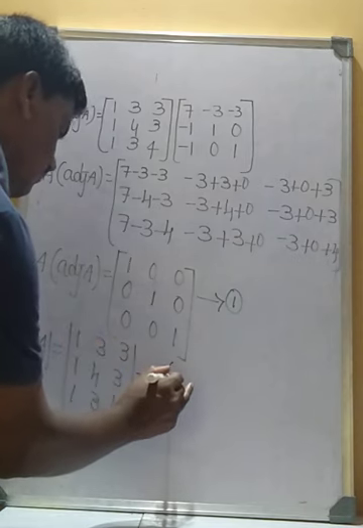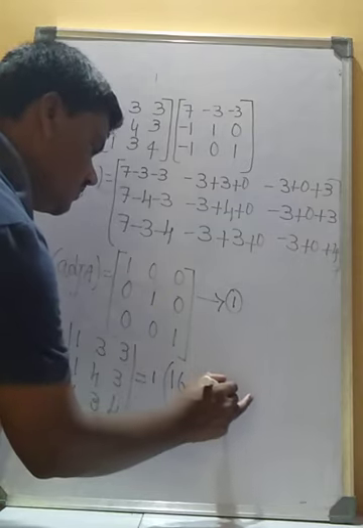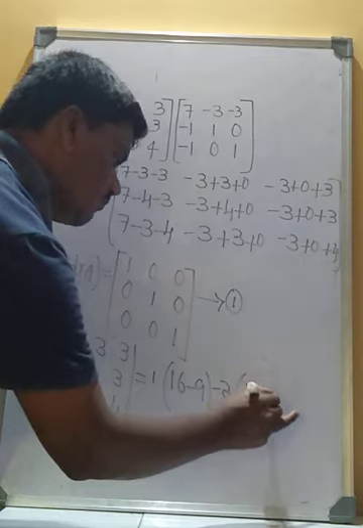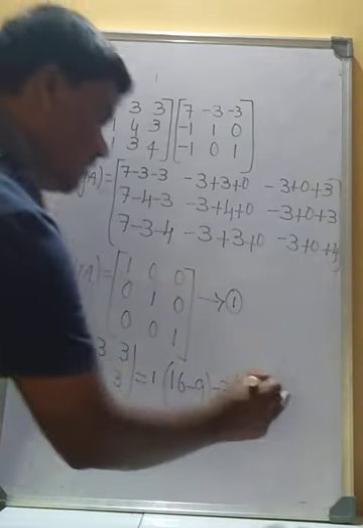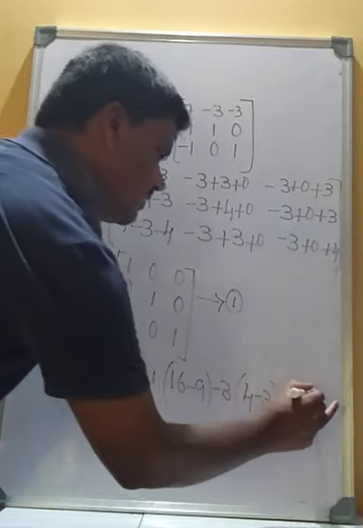1 into (16 minus 9), minus 3 into (4 minus 3), plus 3 into (3 minus 4).